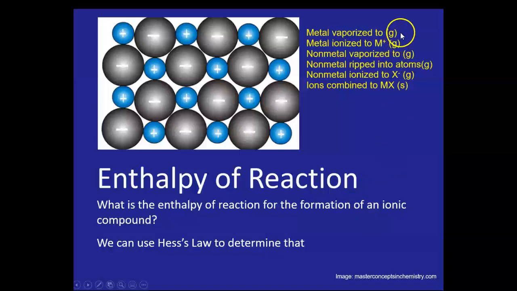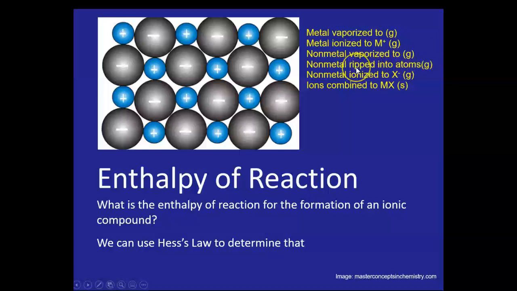Well, what do you have to do? First, you have to vaporize the metal, that is, turn it into a gas. Then you have to rip off one or more electrons. We'll just look at sodium and chlorine for the example. Well, that takes energy. So these first two things take energy. Then you have to take your nonmetal and turn it into a gas, if it's not a gas already.